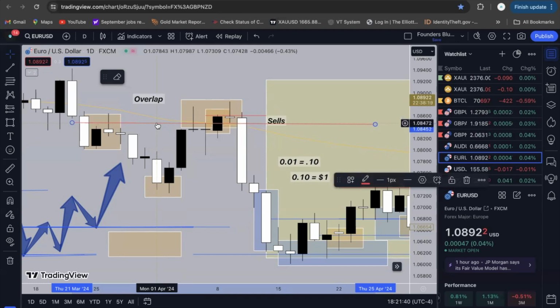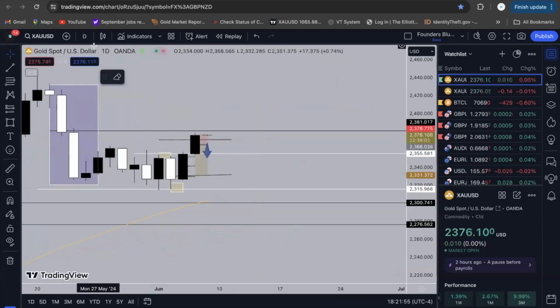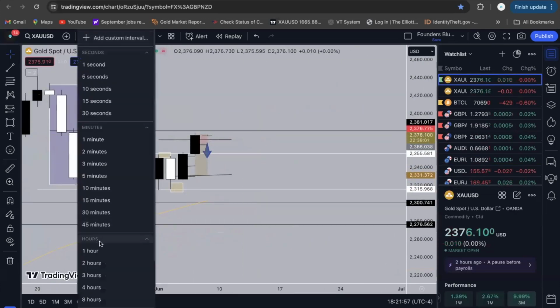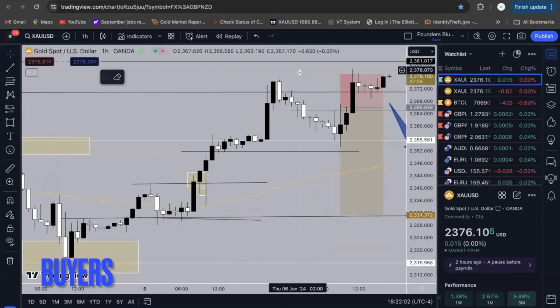Today, we was trading gold, right? We was looking for sells. But guess what? Sellers broke beyond this level right here.